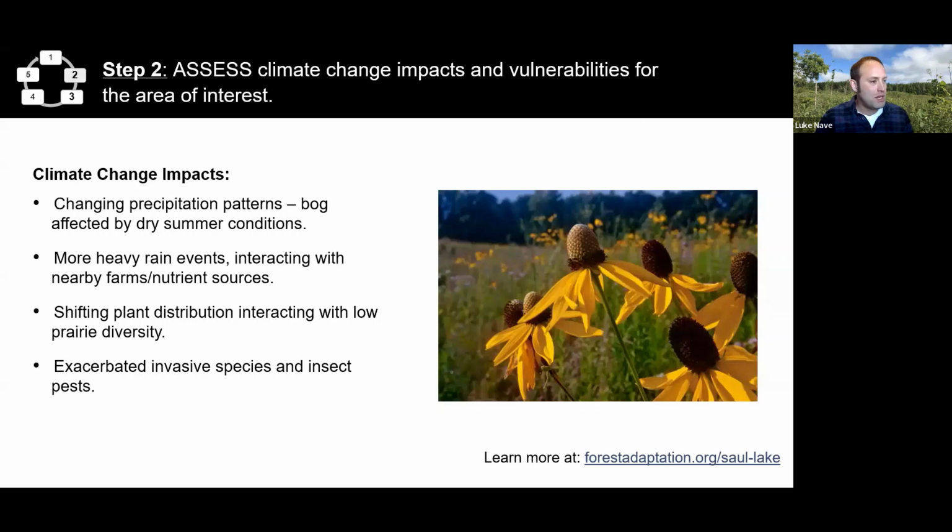At step 2, assessing climate change impacts, they considered both the regional climate change impacts and how those were going to be interacting with the site factors specific to their project. So one example here, generally the lake states are seeing longer periods between precipitation events in the summer, and an overall increase in precipitation, especially in large events.